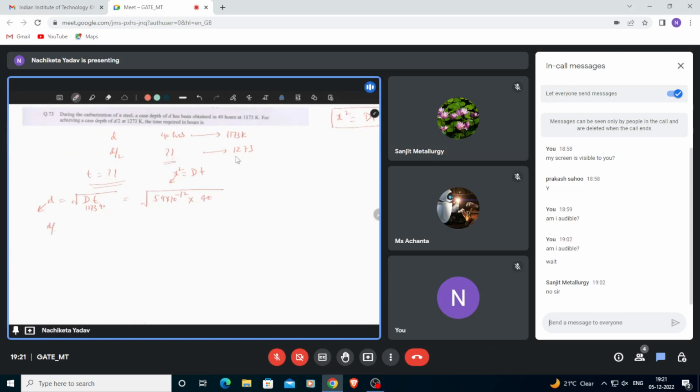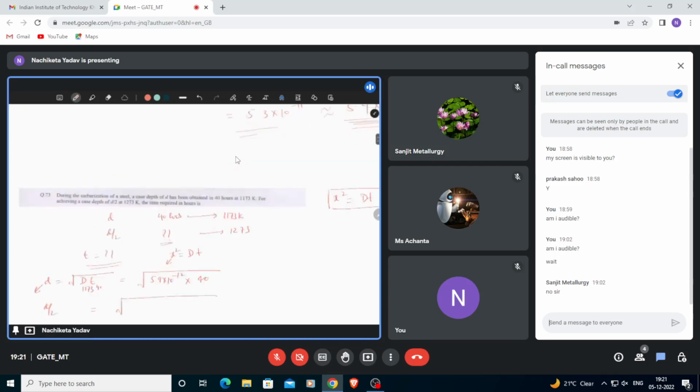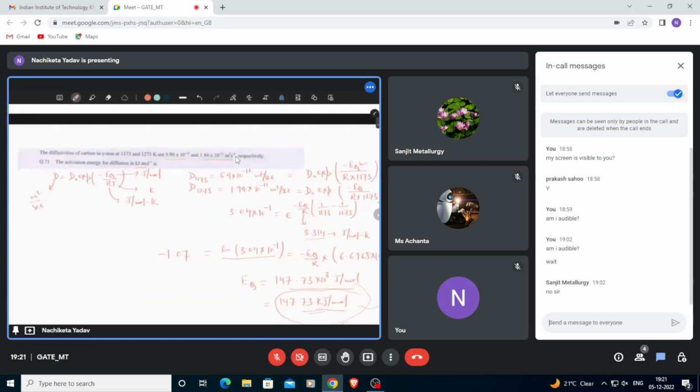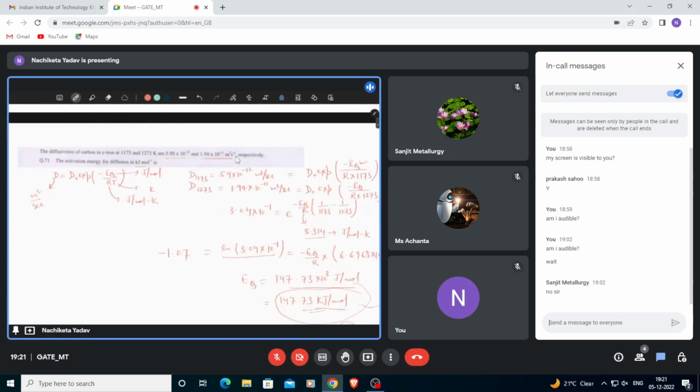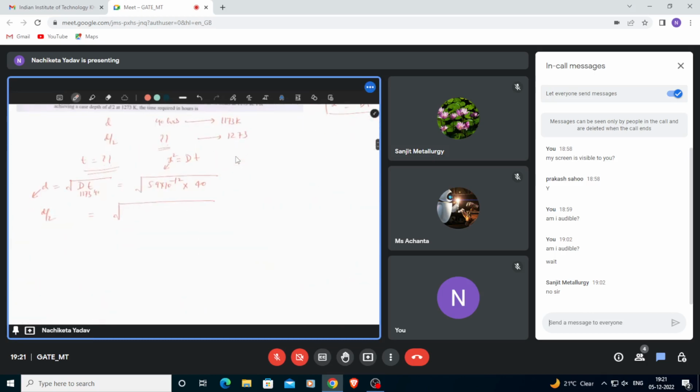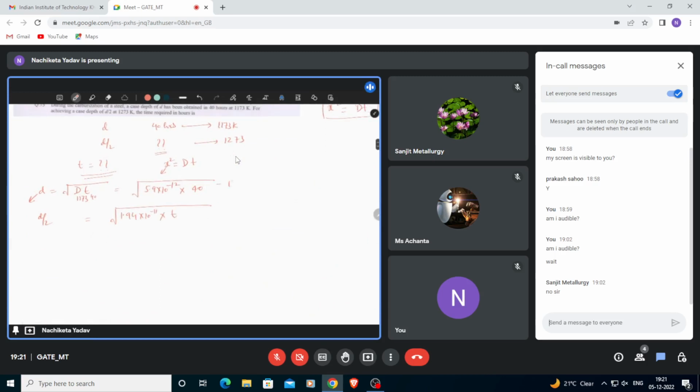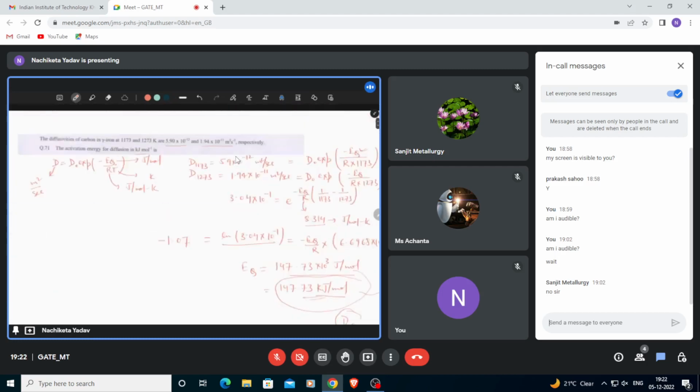And when it is D by 2, and it is asking 1273, 1.94 into 10 to the minus 11. So we have two equations.